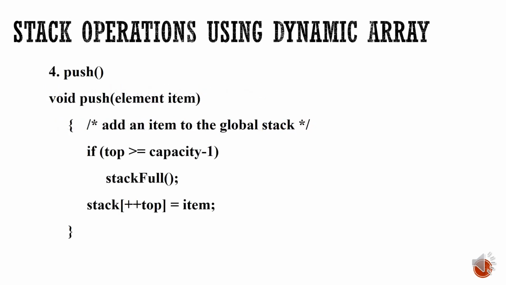In the push operation, whenever the top is greater than or equal to capacity - 1, we go with the stack full function, wherein we go for doubling its capacity. Once the capacity is doubled, then we go for copying the element to the top of the stack. That is, we increment the top value, then we copy the element over there.